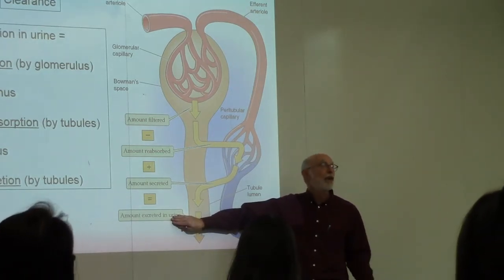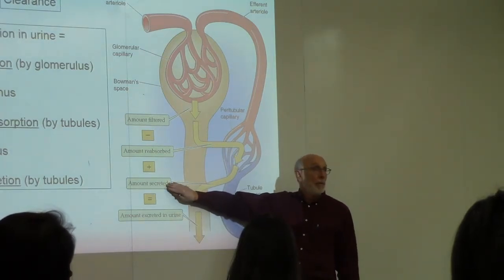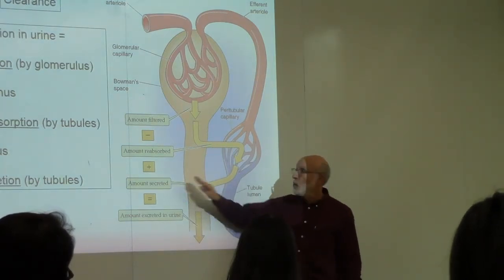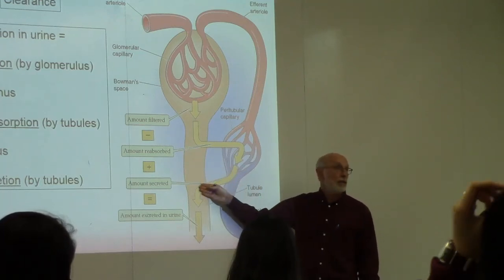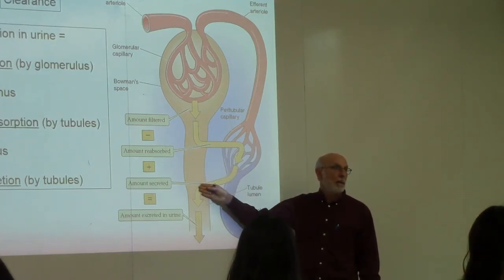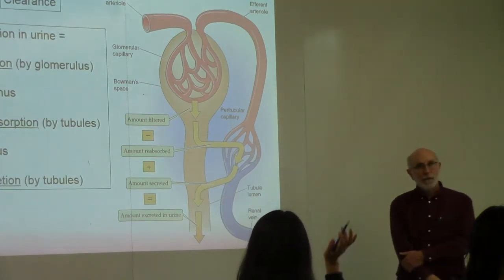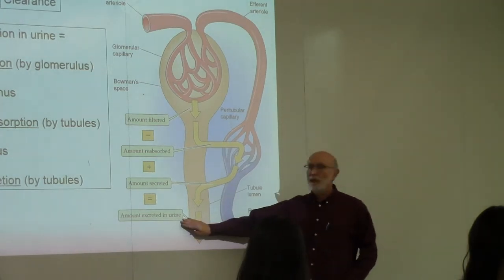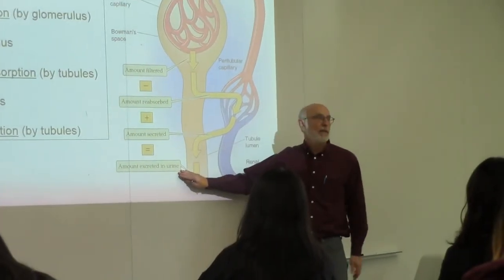If it ends up in urine, we're excreting it. Some of that might be from a process called secretion, which is this process of moving something from capillaries into the urinary fluid. So I will take points off if you talk about the amount secreted in urine, that's just not the right language.